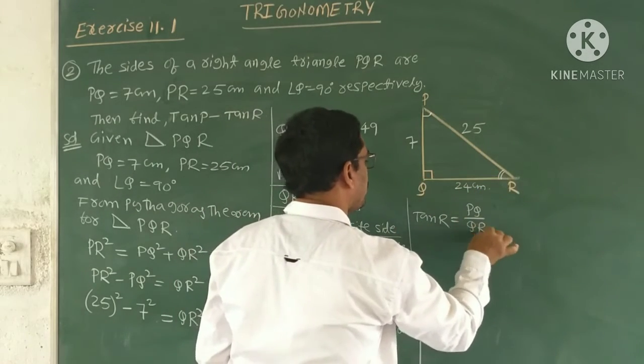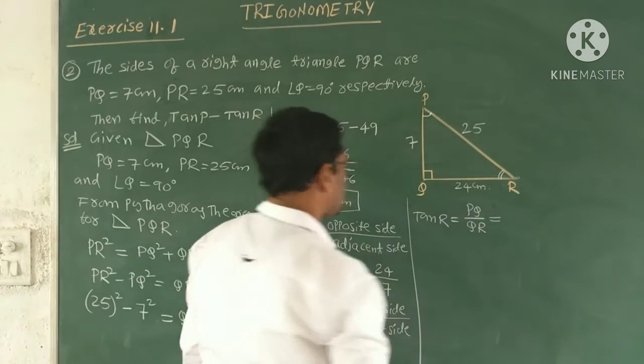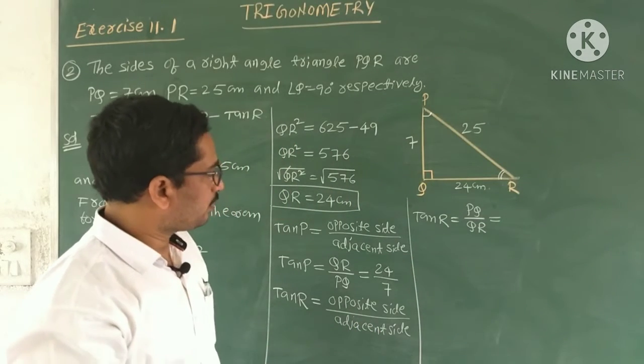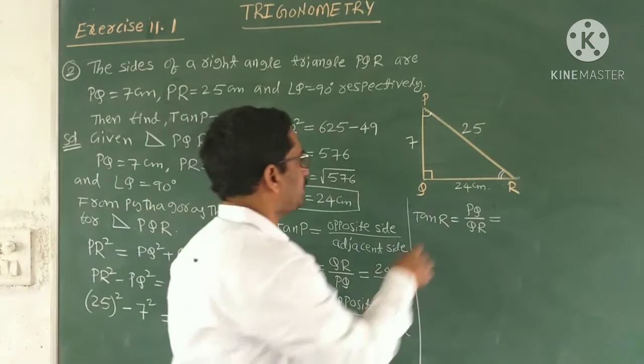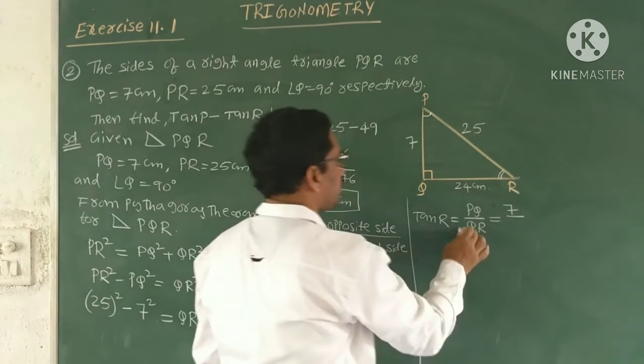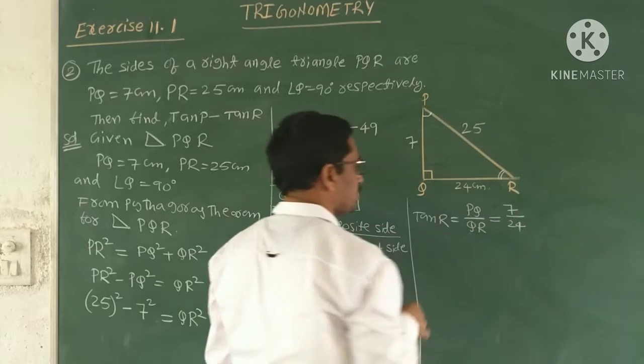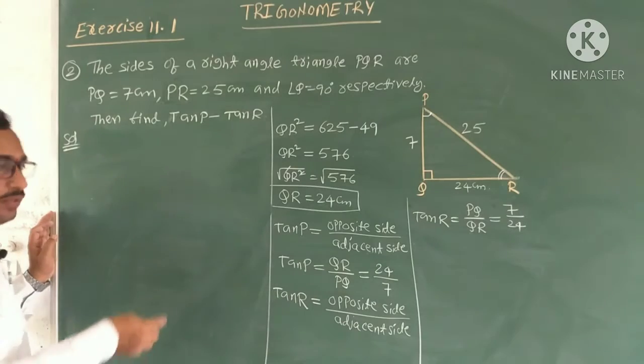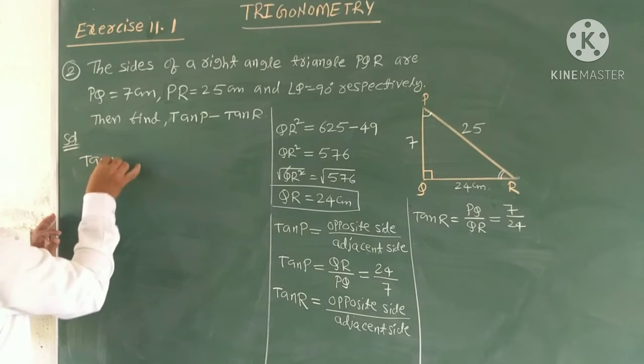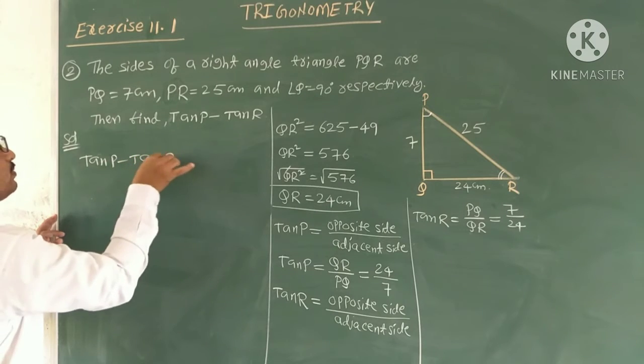So tan R equal to PQ by QR equal to PQ value 7 by QR value 24. So 7 by 24.